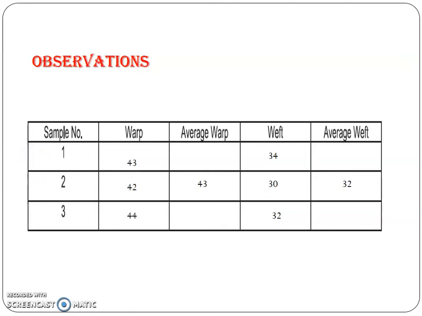We have taken three samples, 1, 2 and 3, and we got readings for warp as 43, 42 and 44, and the average of these three is 43. For weft we got 34, 30 and 32 as readings and the average weft we got is 32. So this is how we have got the observations of warp and weft.